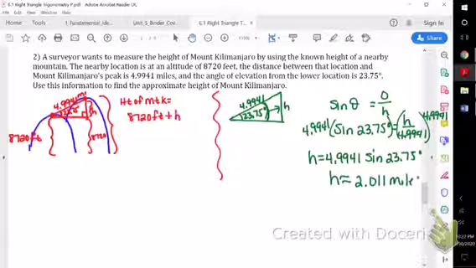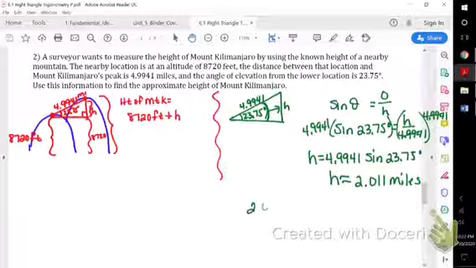And remember, this triangle was in miles, but now my 8,720 is in feet. Okay, so that means we are going to need to convert this. So either we need to convert the 8,720 feet to miles, or the 2.011 miles to feet. So I'm going to convert miles to feet.